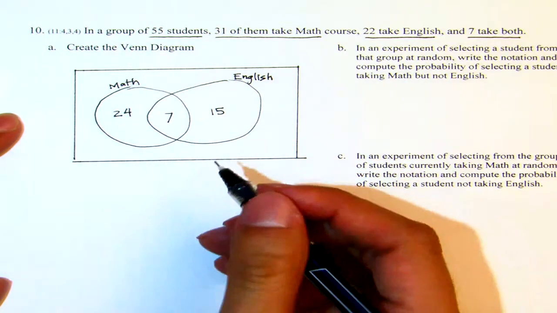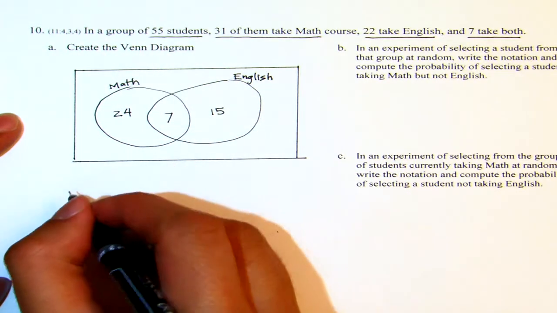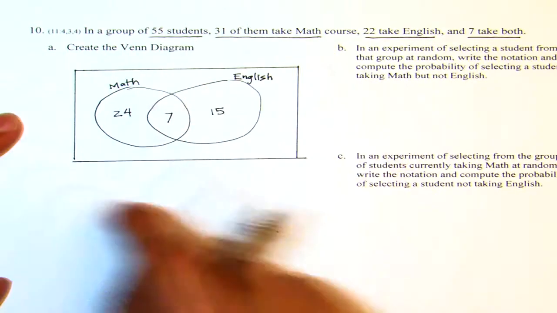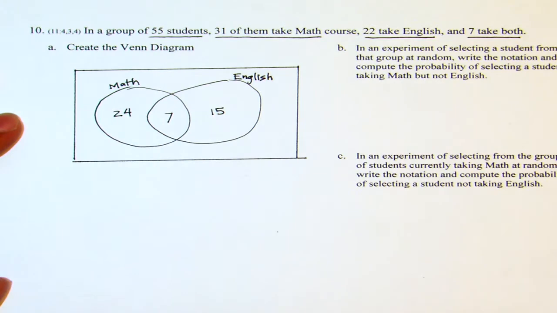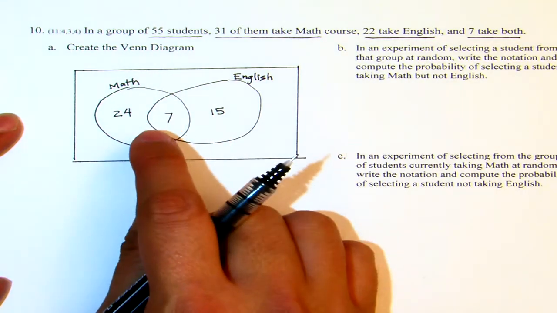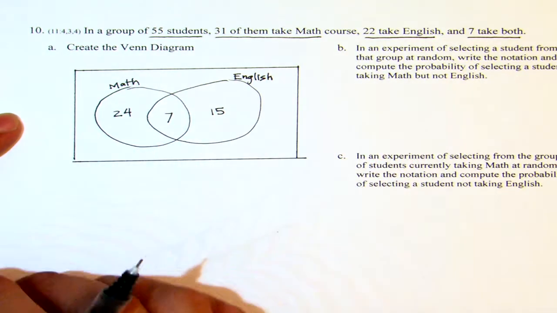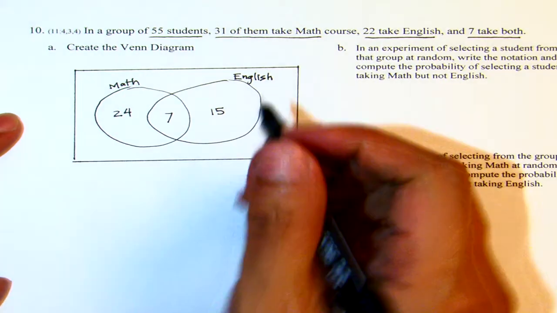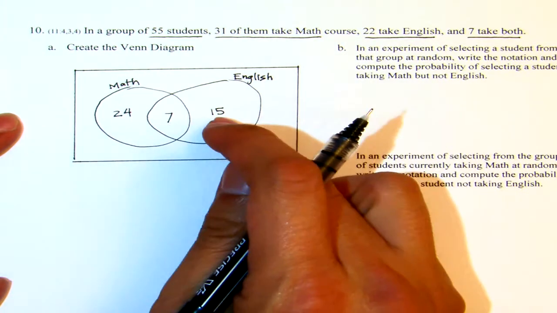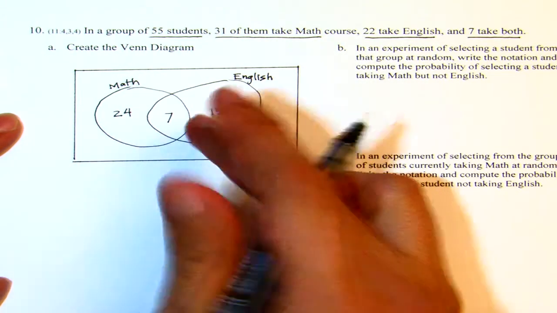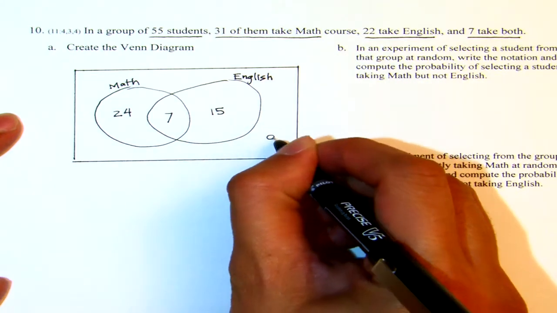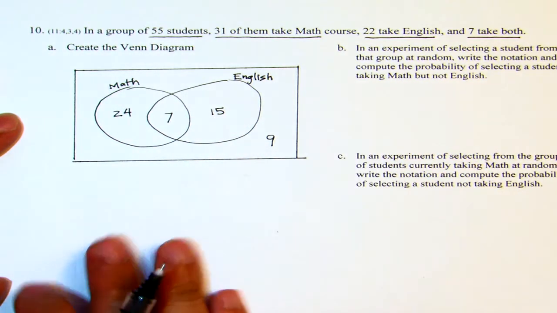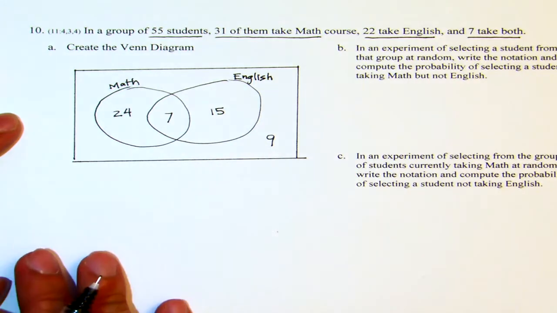But there are 55 students in total. So how many students are actually not taking math nor English? Because the total number here is 46, there will be 9 students not taking either math or English.